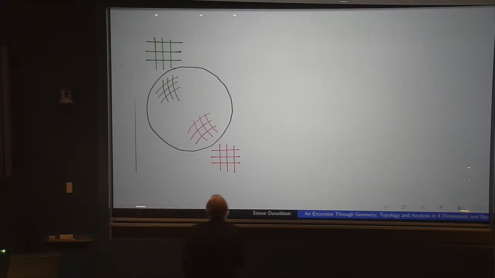But if we take coordinates in some parts, say the green coordinates, and try to extend them a very long way, say into the region where we have the red coordinates, then there'll inevitably be some large extent of distortion. We cannot have very good coordinates that cover large parts of the Earth's surface, and we can't have any coordinate at all that covers the whole of the Earth's surface. You always have to miss out some point. So we need at least two charts to cover the whole of the Earth's surface.